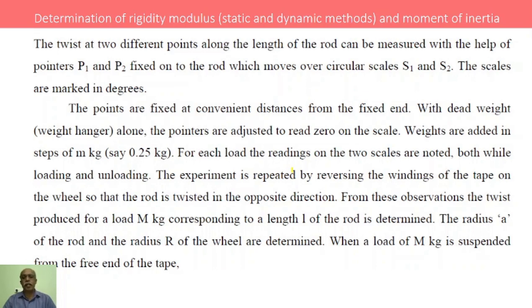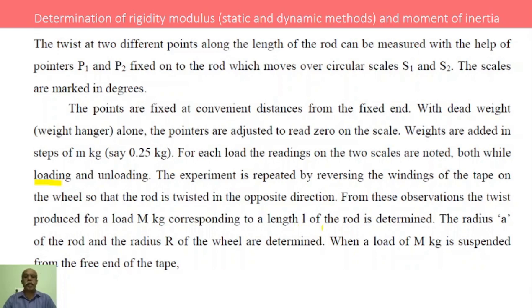These readings are noted both while loading as well as unloading, that is, both while adding load to the weight hanger as well as when removing the load from the weight hanger.